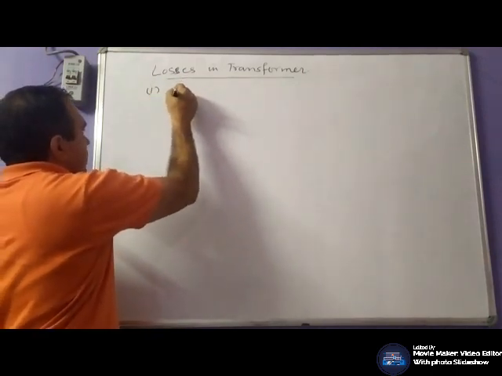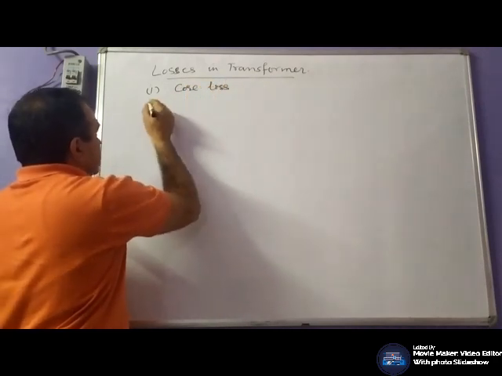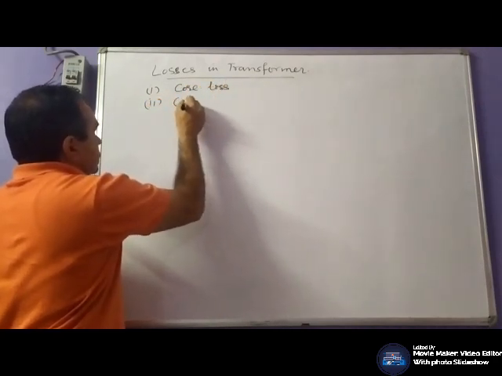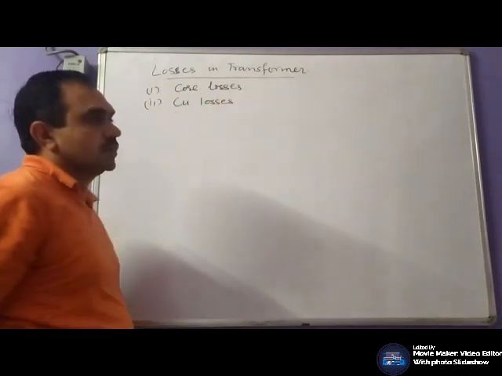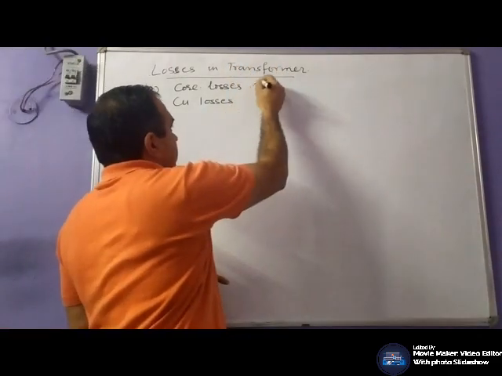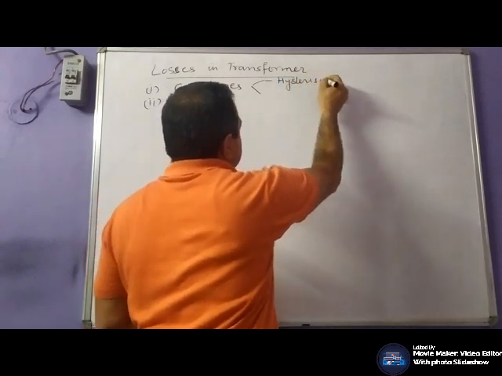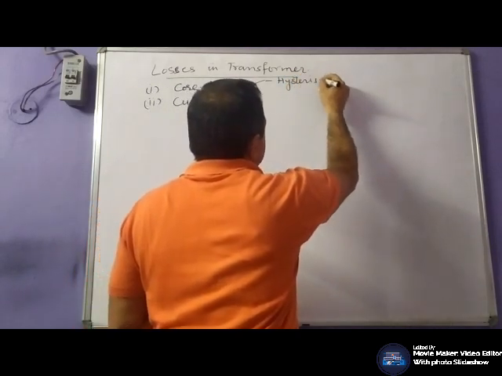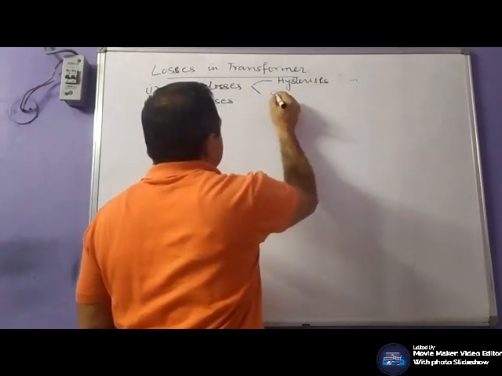Generally, losses are classified into core loss and copper loss. Core losses are further segregated into hysteresis and eddy current losses.